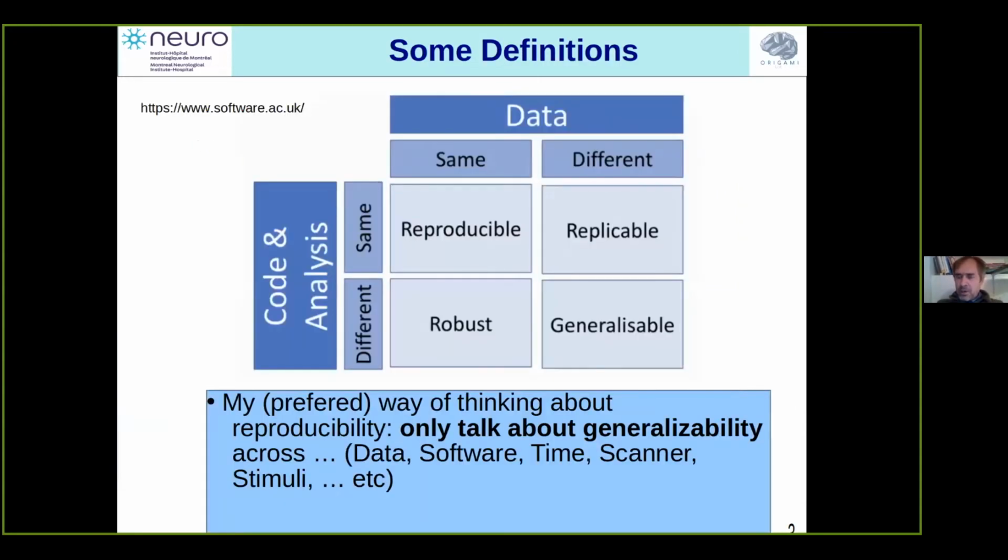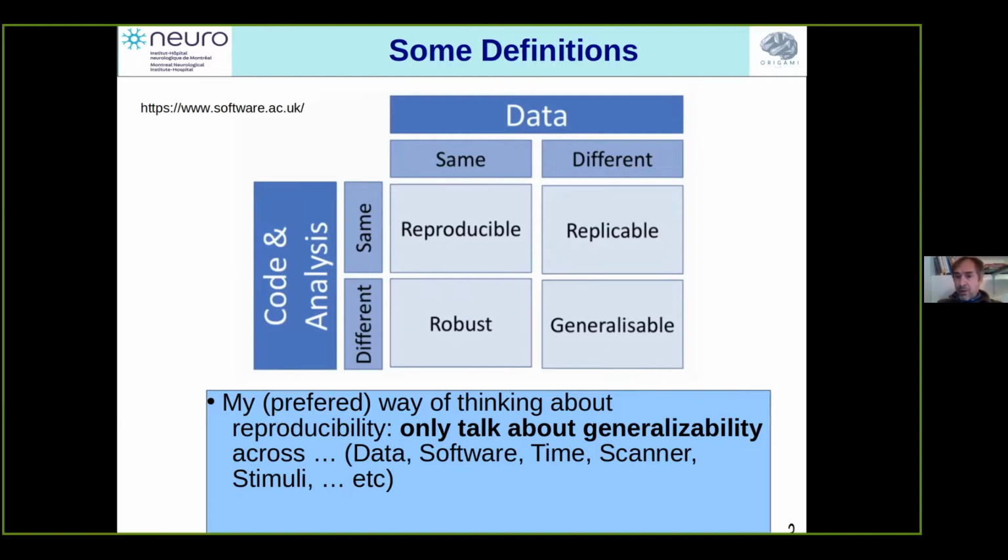Before I do this and take examples, I will just remind everyone that reproducibility is a kind of ill-defined term. So I'll take this grid, which is, I think, the most used terminology, where reproducibility is about really being able to run the same pipeline, the same analysis, on the same data.